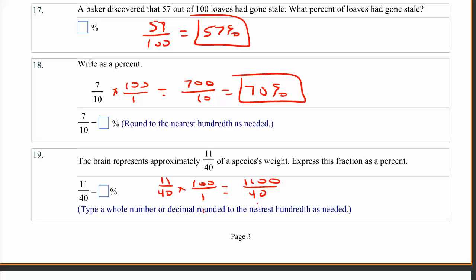So real quickly, 1100 divided by 40 equals 27.5. And we did not have to round this because it stopped at 0.5, 27.5%. Okay, so the key to changing to a percent is to multiply by 100.